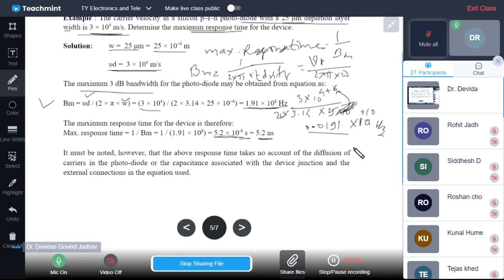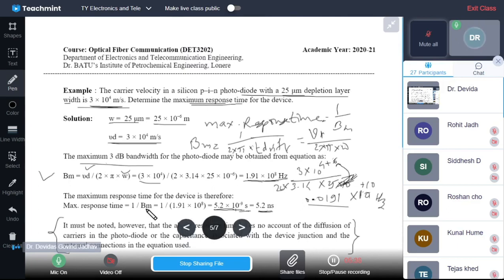So diffusion time and RC time constants are considered negligible, and the maximum response time is solely dependent on this drift time. So the maximum response time is 1 upon Bm, because Bm is calculated with the help of only drift time. It is 5.2 nanosecond. So this is the answer.